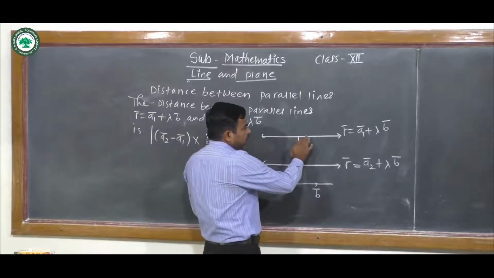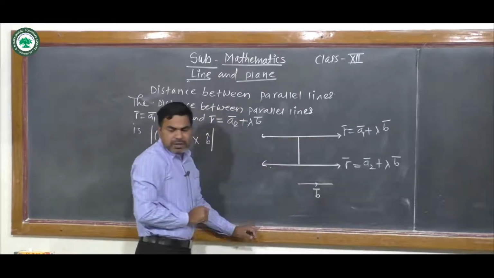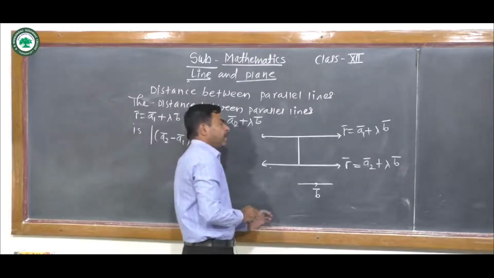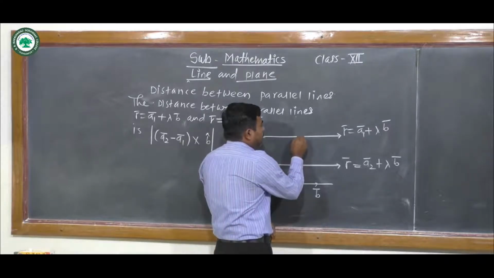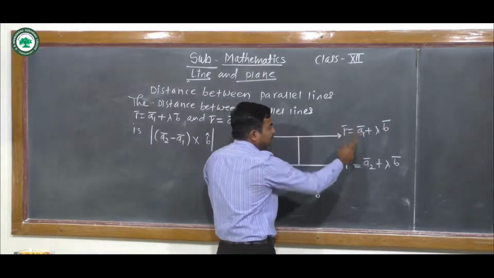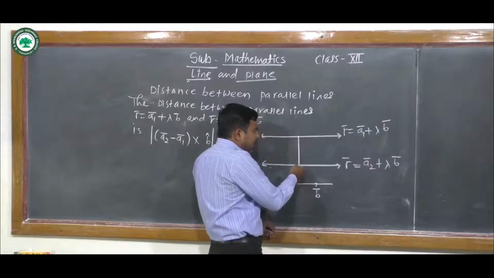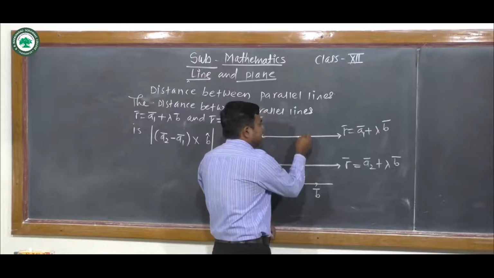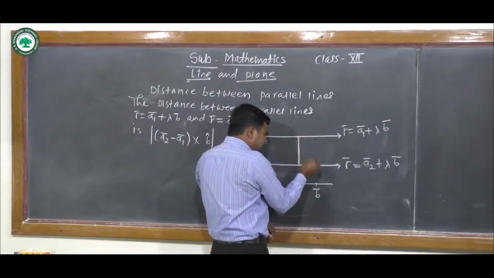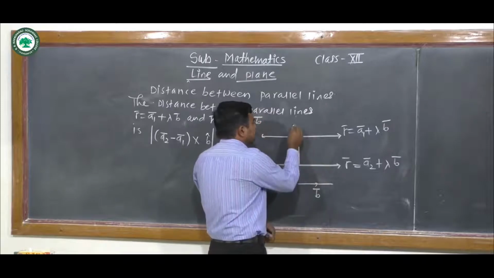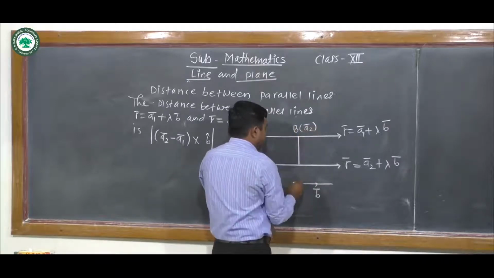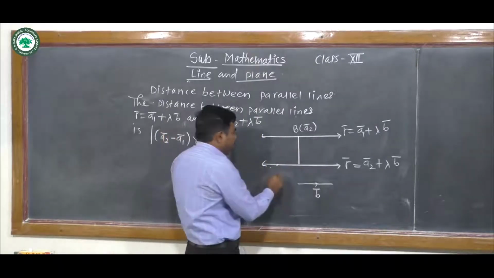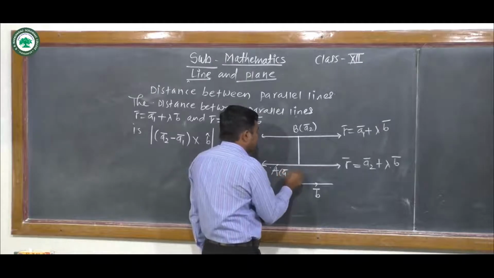See, as the equation of this line is R bar is equal to A1 bar plus lambda into B bar, that line passes through the point A with position vector A1 bar, and the second line passes through the point B whose position vector is A2 bar.